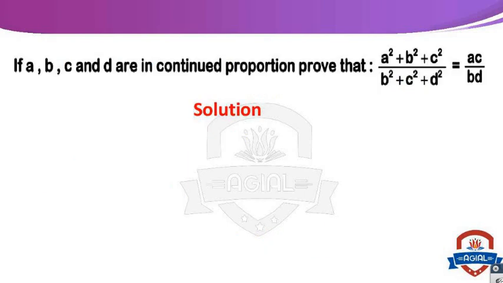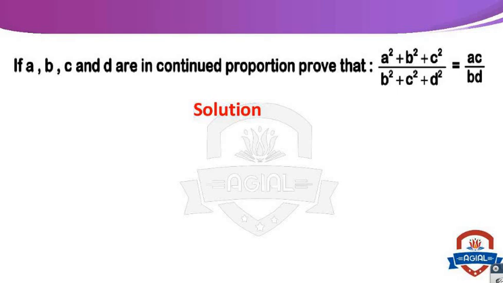Example number 3, if A, B, C, and D are in continuate proportion, prove that A squared plus B squared plus C squared over B squared plus C squared plus D squared equals AC over BD.